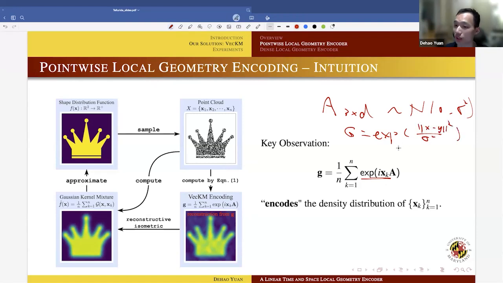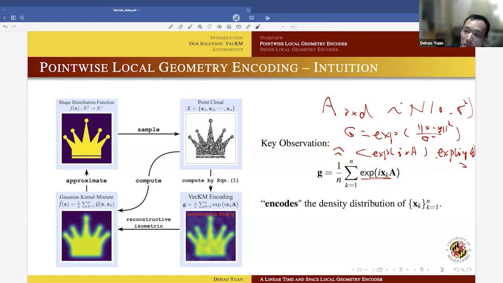So this is a Gaussian kernel. It can be approximated by exponential i x a and exponential i y a. Because of this approximation, that's why I use this exponential i.